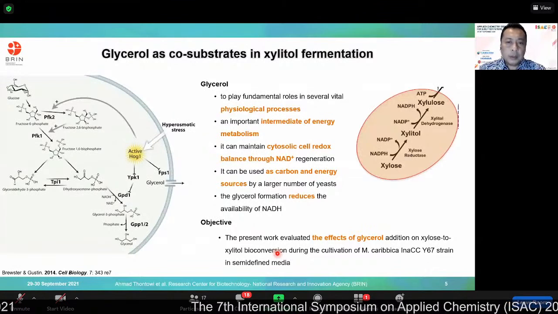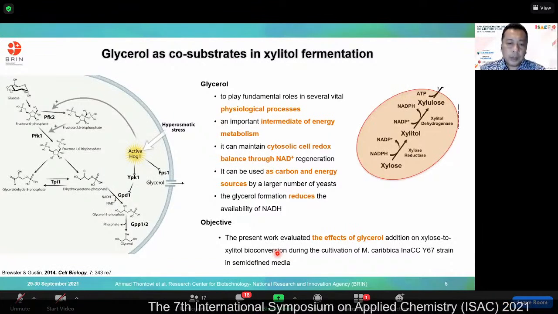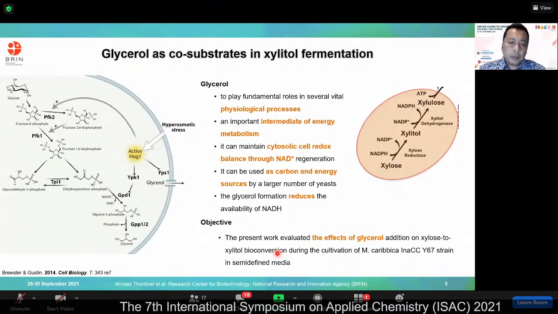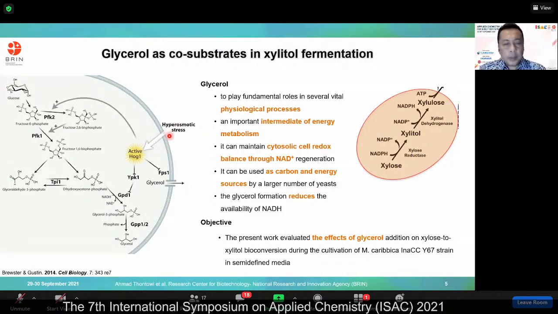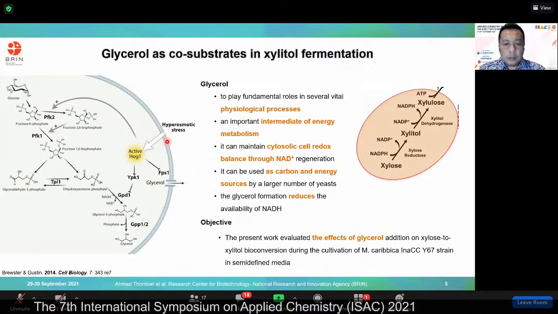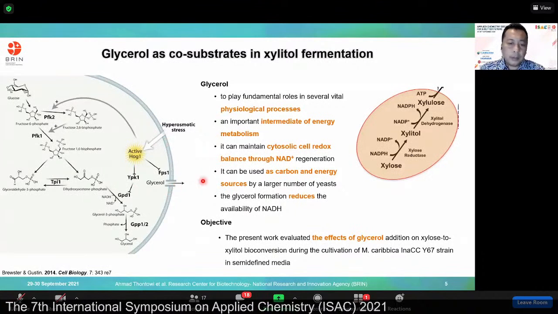Glycerol is a byproduct formed from the response of microorganism cells to the pressure of environmental conditions like hyperosmotic stress shock. When there is pressure on the cell, the cell will secrete glycerol.